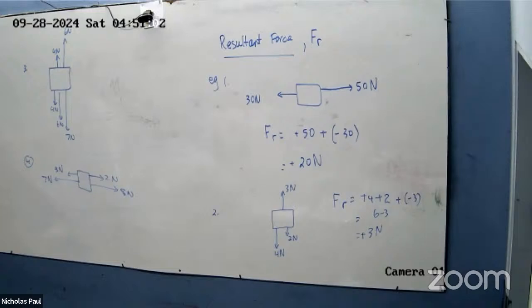Number 4 is a little problem here. Tell me what will happen in number 4 in real life. What do you think will happen if you get a value like that?